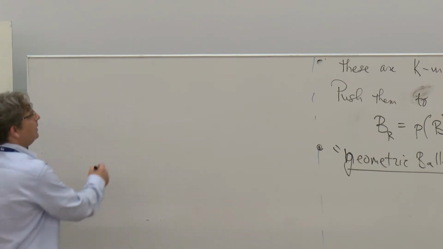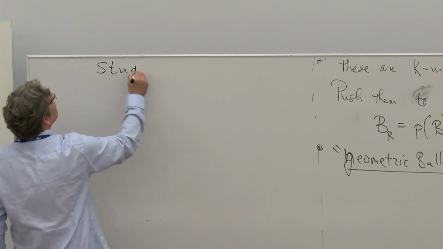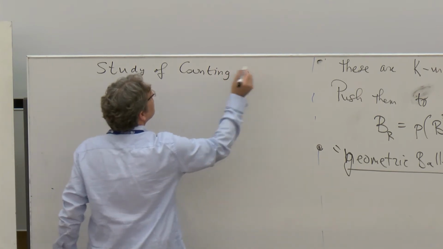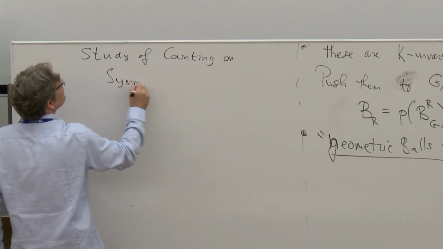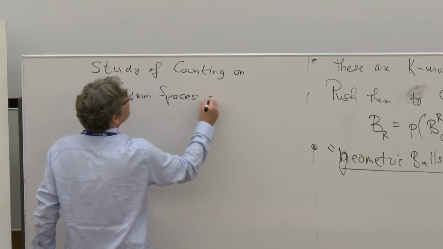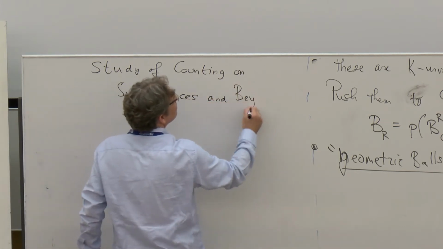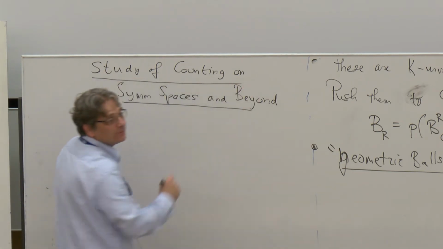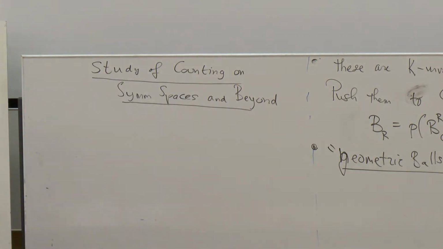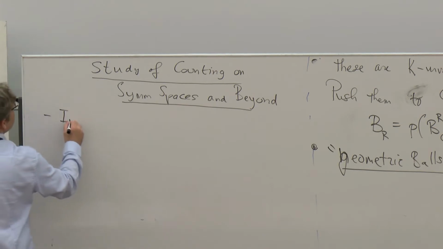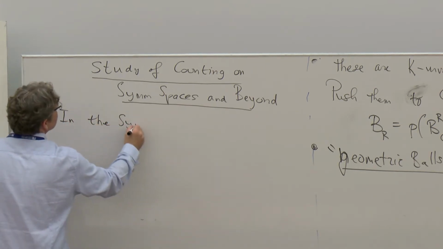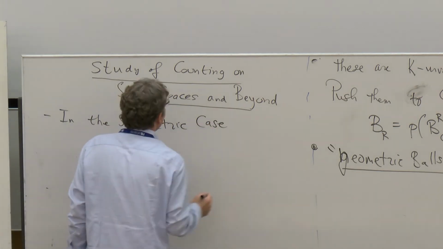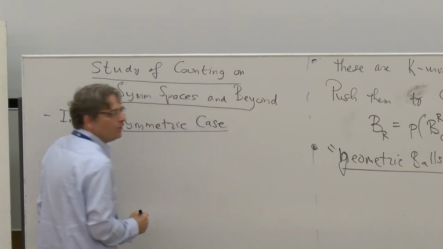So first of all, the study of counting on symmetric spaces and beyond. This could be another title for the lecture. So, as I said, in the symmetric case, I mean the following, yes?